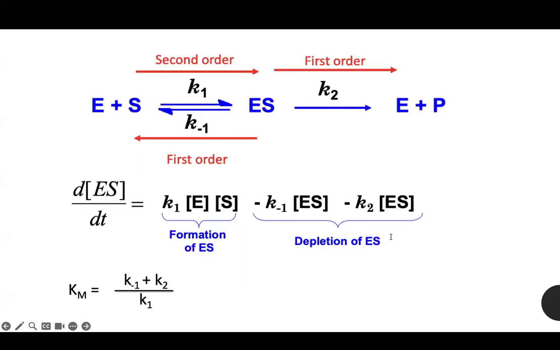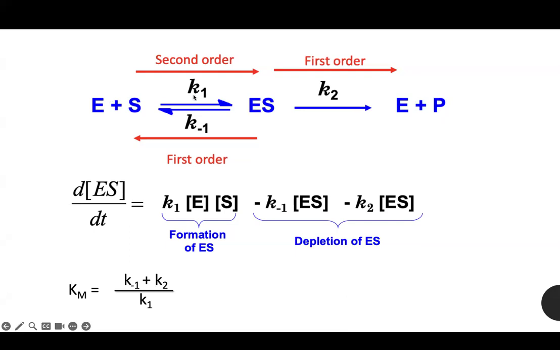Now, if we think about this in terms of reaction order, the first reaction will be a second order reaction because we have the concentrations of two reactants to take into account. So that would give us this rate constant k1, which is a second order reaction. The reverse reaction is a first order reaction because we only have to take into account this enzyme substrate complex, which in itself is now a reactant. So k-1 would be a first order reaction.